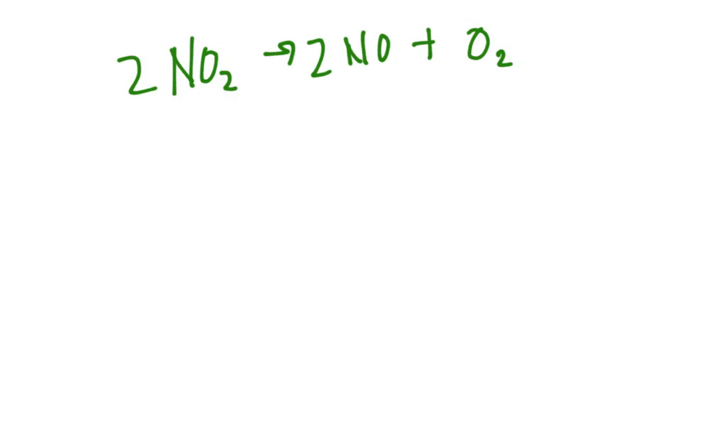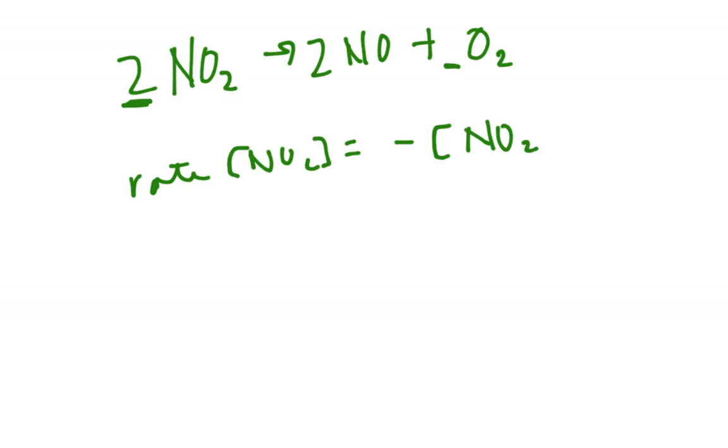If we notice stoichiometrically, 2 nitric oxides are used to produce 1 oxygen. So when we set up our equation, we saw that the rate for NO2 was going to be negative the change of concentration of NO2 over the change of time.